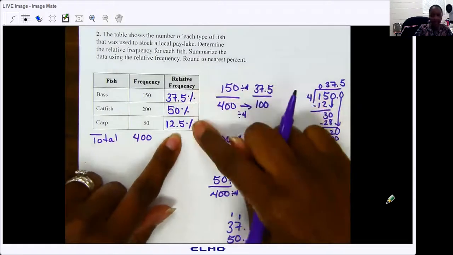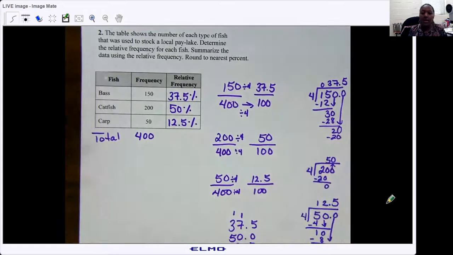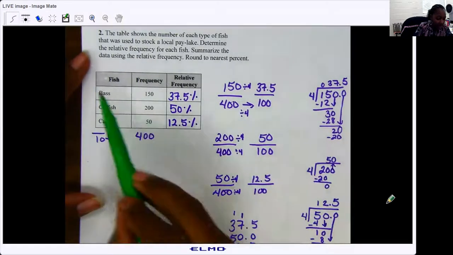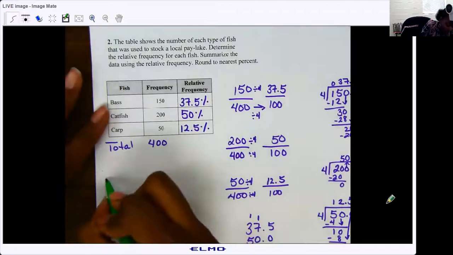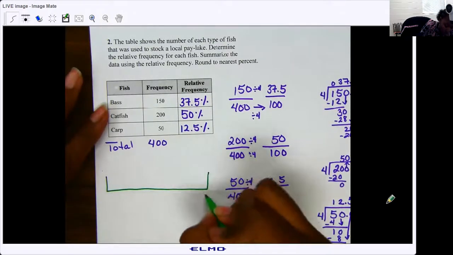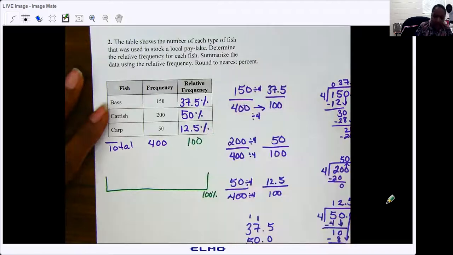So our percents add up to 100%. So we know that we converted everything correctly. All right, so we have our percent for each one of these. Now we need to draw our percent bar, okay? So remember, percent bar is always out of 100%, which we already made sure that this added up to, okay?